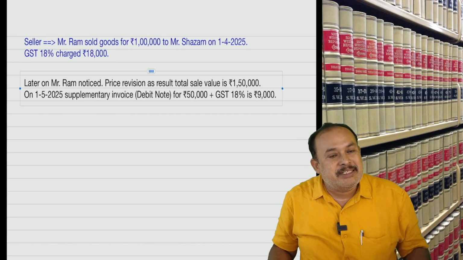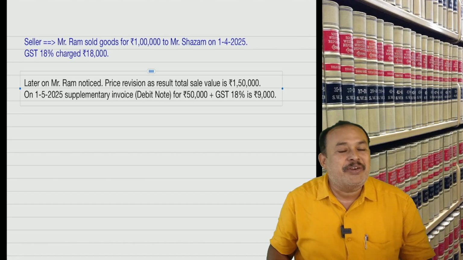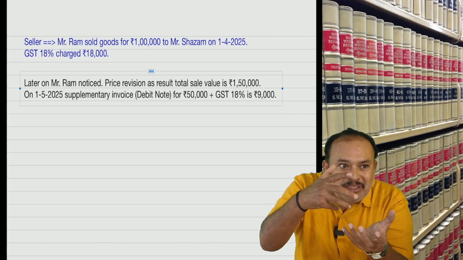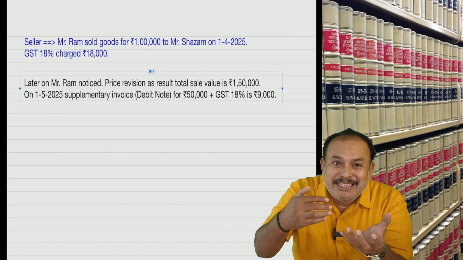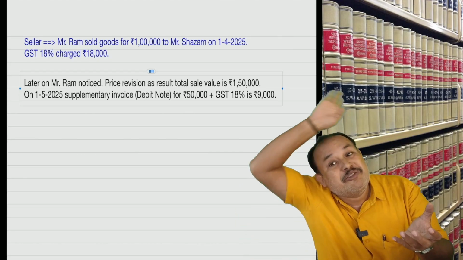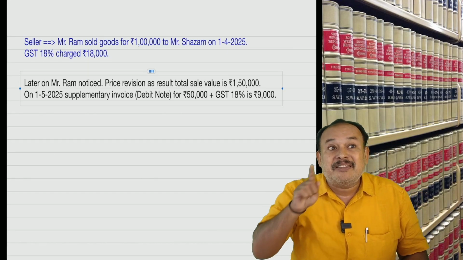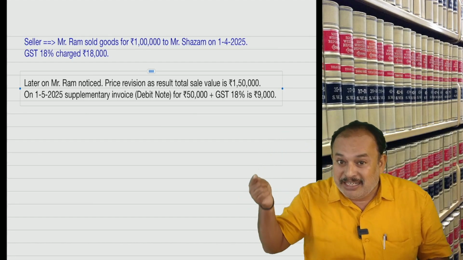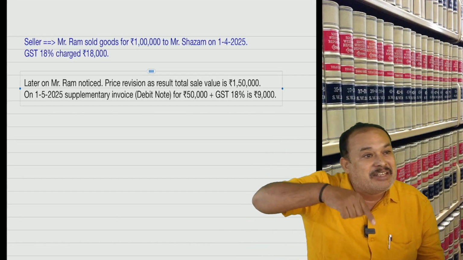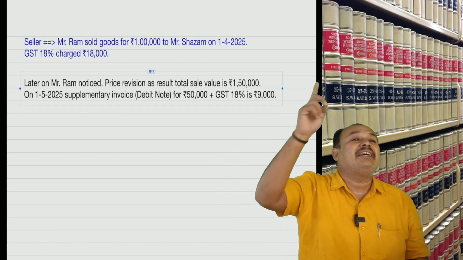You get my point? The law of the land here says the transaction took place in which financial year? 25-26. For that financial year, if you are supposed to issue a supplementary invoice in the name of a debit note, you are allowed to issue it in the subsequent financial year on or before 30th November of the succeeding financial year or the date of filing the annual return for the given 25-26 financial year, among the two whichever is earlier.